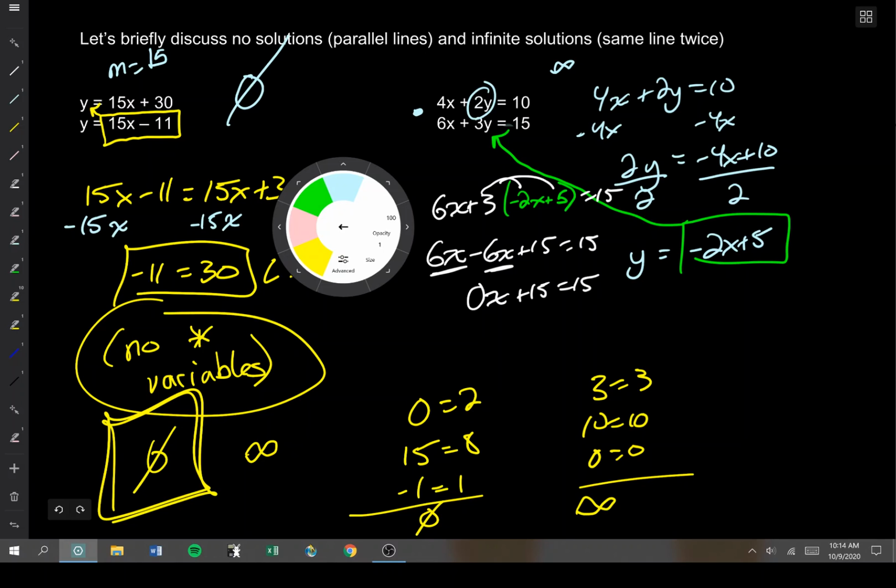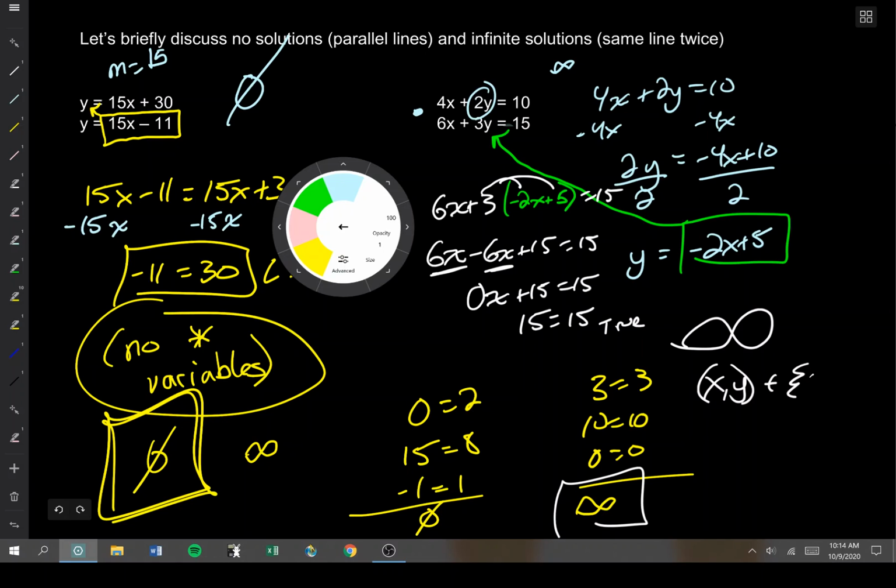And don't bother writing 0x. 0x is just 0. So this is just going to be 15 equals 15. There's no variable. That's still so important. There's no variable. And this is a true statement. That means this has infinite solutions. We could say that x and y is in the set of all real numbers, if we were so inclined. But if you just write infinite, I'll be okay with that.